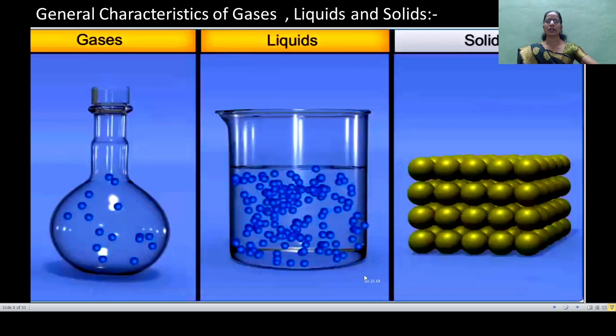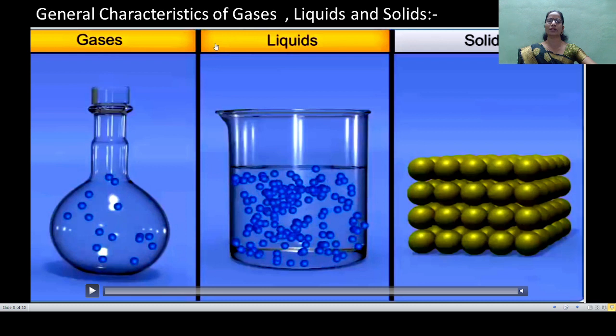Now see, this picture shows the matter existing in 3 states, that is gaseous, liquid and solid state. This is a macroscopic view of the matter. Here you will observe small spheres in this picture. These small spheres are nothing but the constituent particles present in these matters.